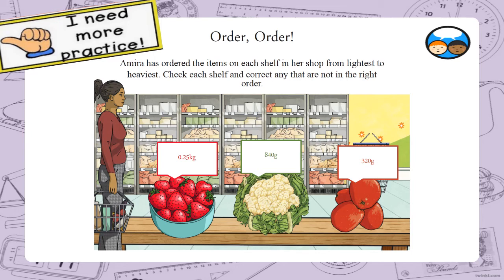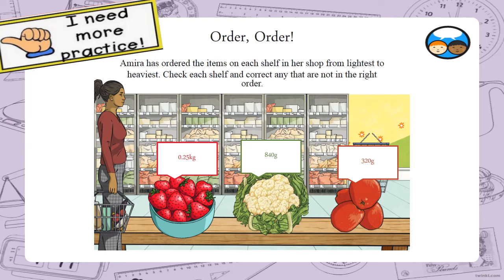We want to check the mass of each and then check if she ordered them correctly from lightest to heaviest or incorrectly. So let's start. The mass of the strawberries is 0.25 kg. So this is less than 1 kilogram.